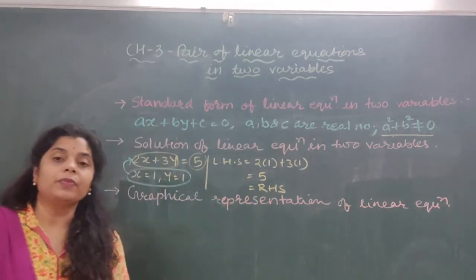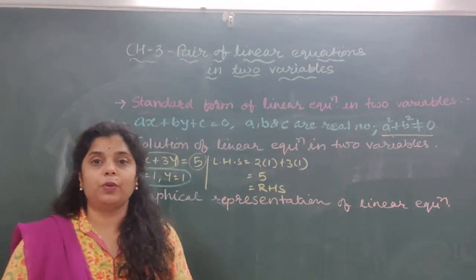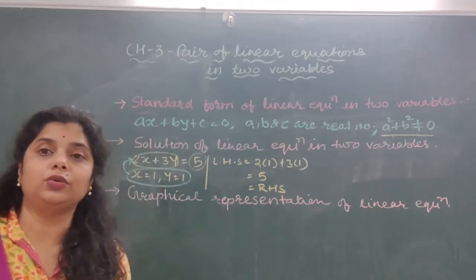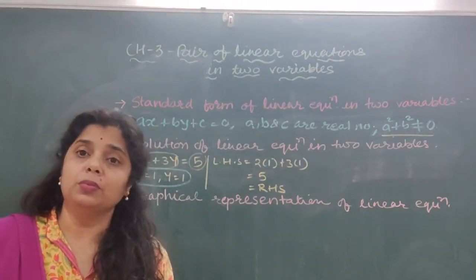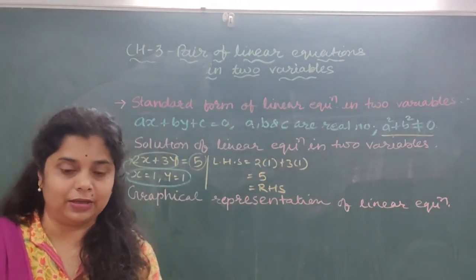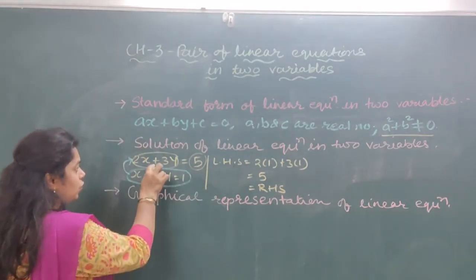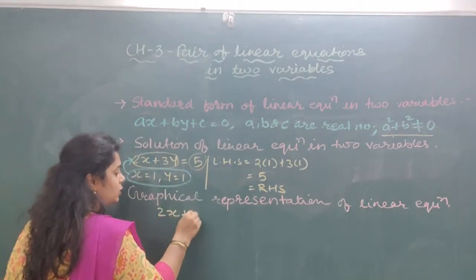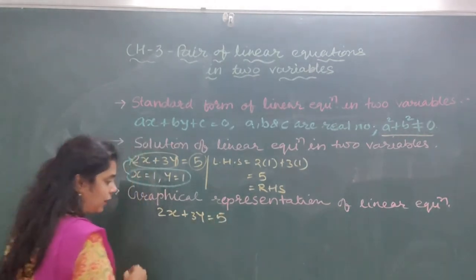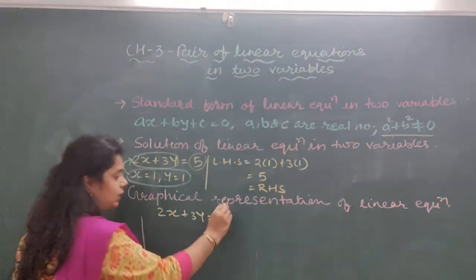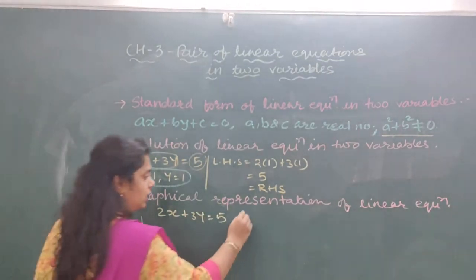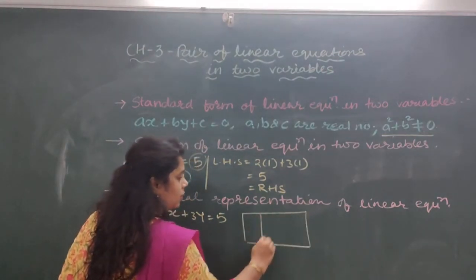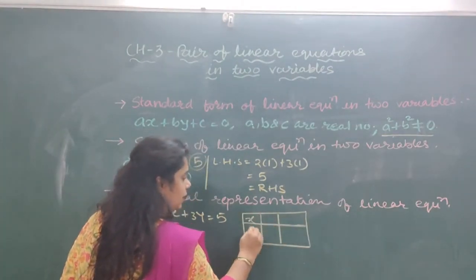Now, next is graphical representation of linear equation. As you studied in 9th standard, if we plot a graph of a linear equation, you must get a straight line. So if I want to draw a graph of 2x plus 3y is equal to 5, take out the points by drawing a table like this.